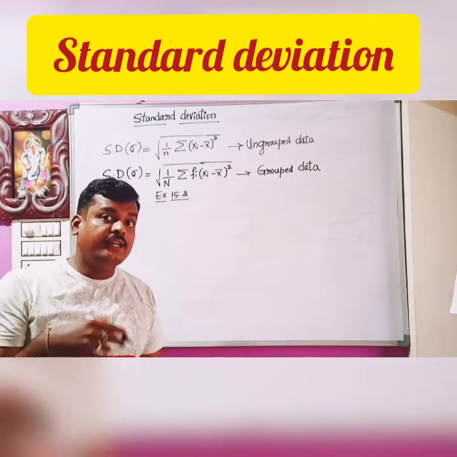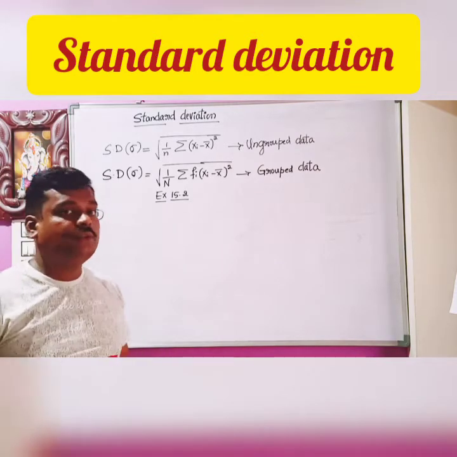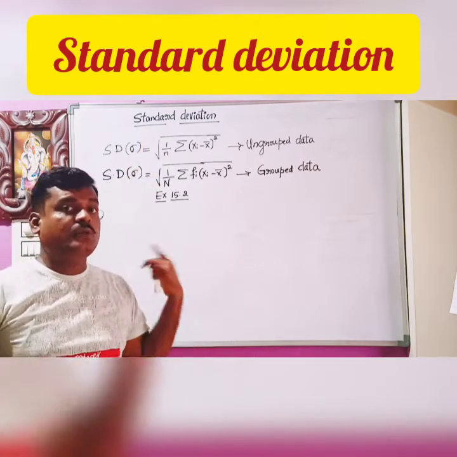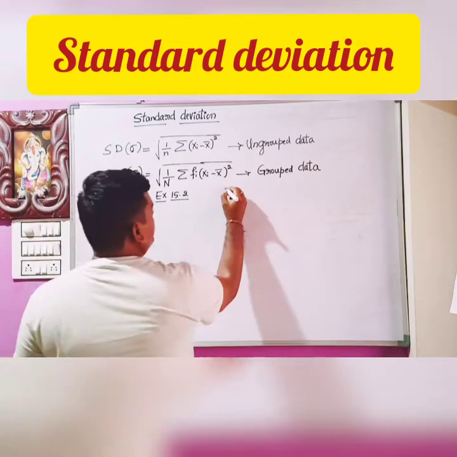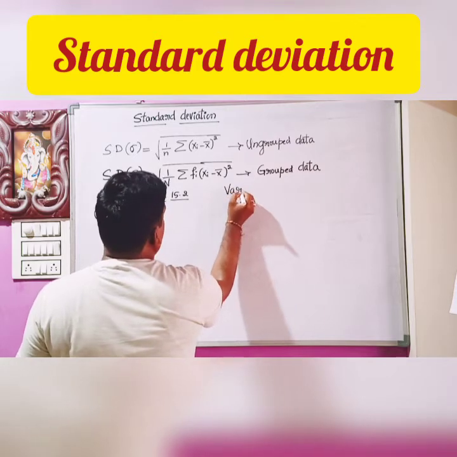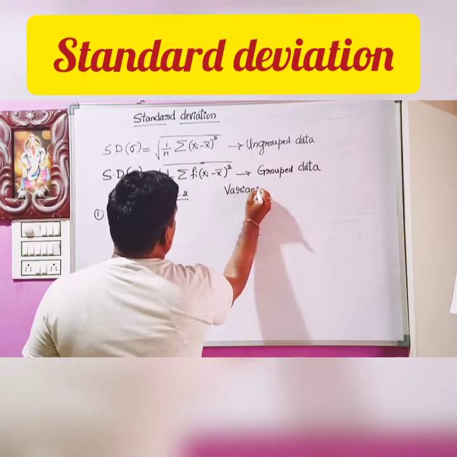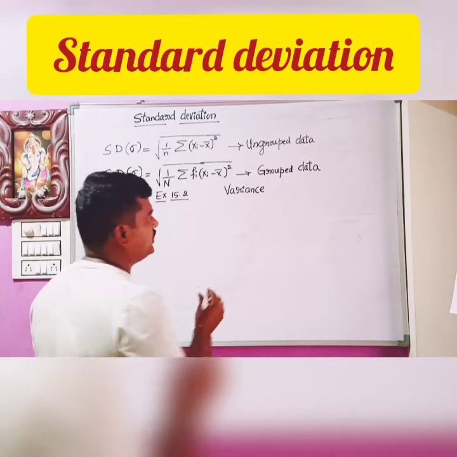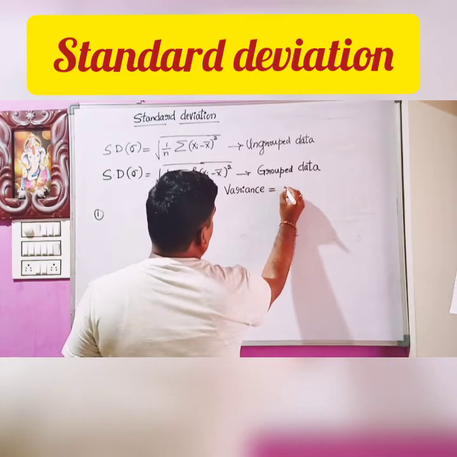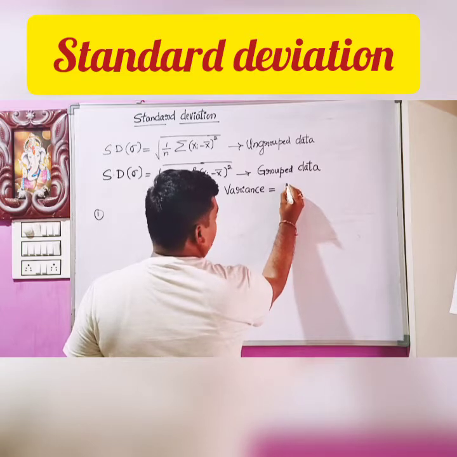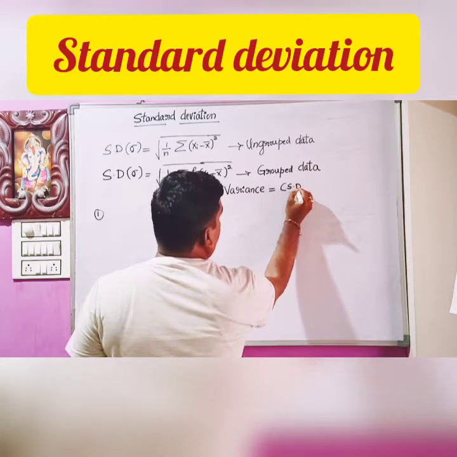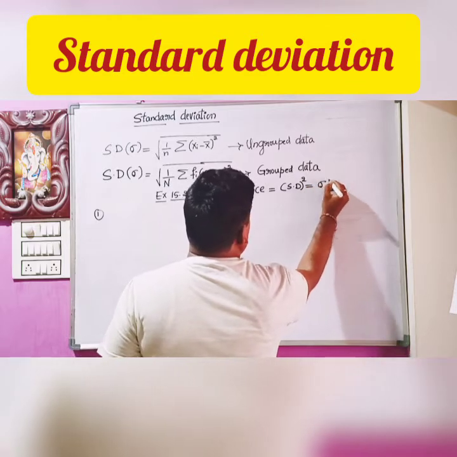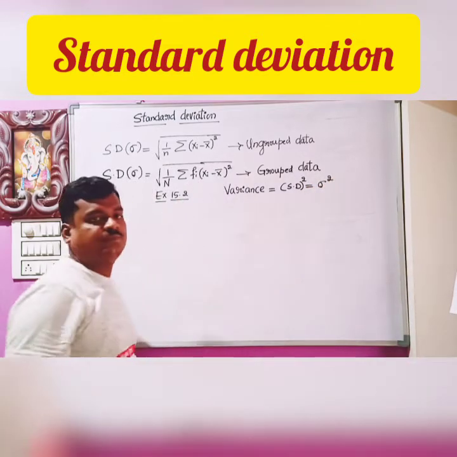Find the mean and the variance. They have given the variance. What is variance? We have discussed the standard deviation. Variance, we just have to remember this relation: variance is the square of standard deviation and is denoted by sigma square.